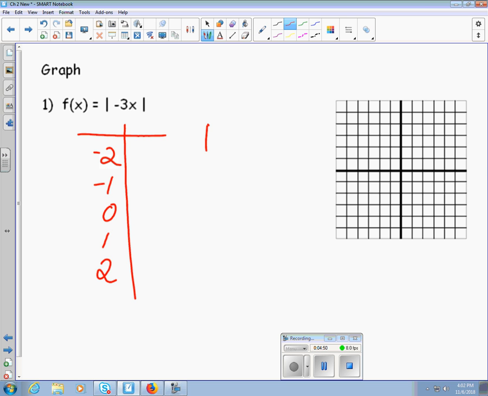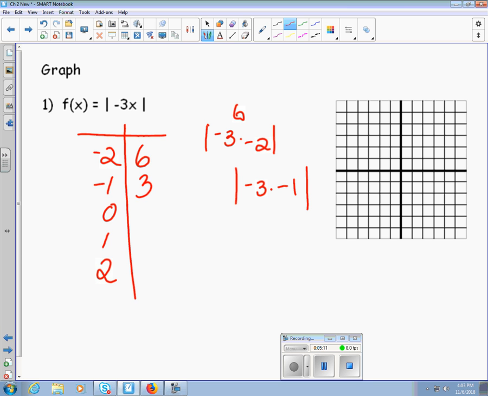So we're going to have the absolute value of negative 3 times negative 2, which will make positive 6, and then the absolute value of 6 is 6. Remember, absolute value is distance from a number to 0. Then if we put in -1, we'll have -3 times -1, which will make +3. The absolute value would be 3.